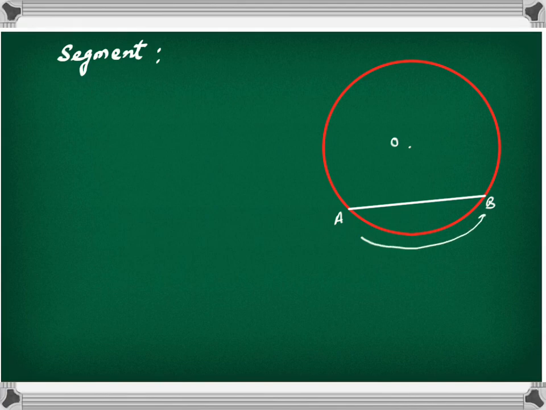The definition says the part of the circle bounded by an arc and a chord is called the segment. The chord AB divides the circle into two segments. One becomes the minor segment and the other becomes the larger segment.